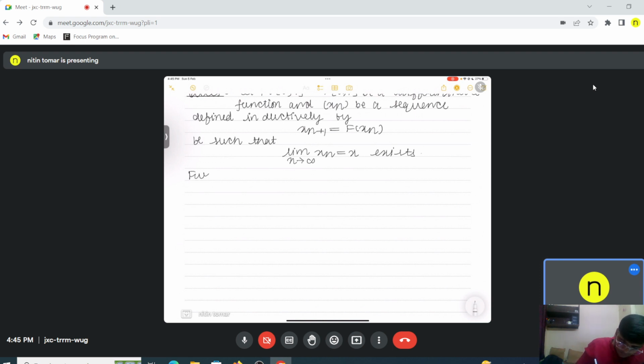Further assume that f prime of x is 0. Then show that x_{n+2} minus x_{n+1} is little o of x_{n+1} minus x_n as n goes to infinity.